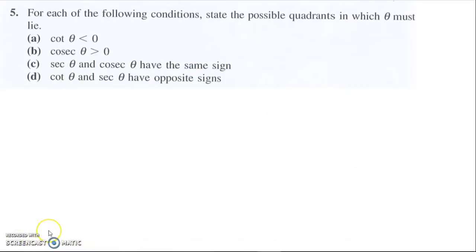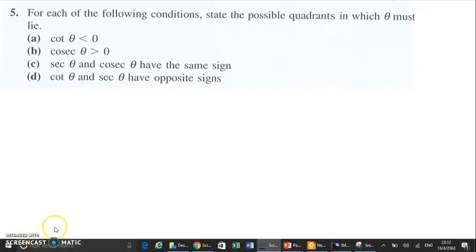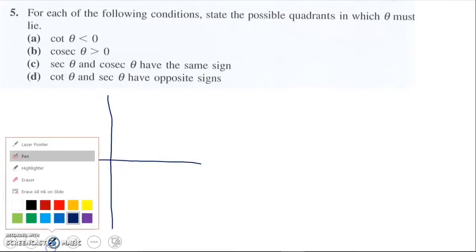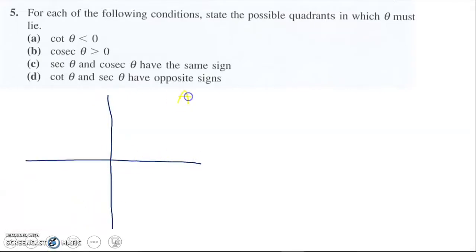Alright, number 5. Number 5, we're simply stating the quadrants in which the theta must lie. So let's go ahead and make our diagram. Remind yourself, everything's positive there. Sine is positive there. Tan is positive there, and cosine is positive in Q4.